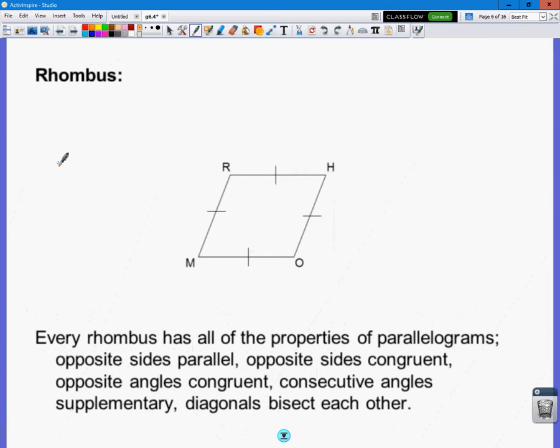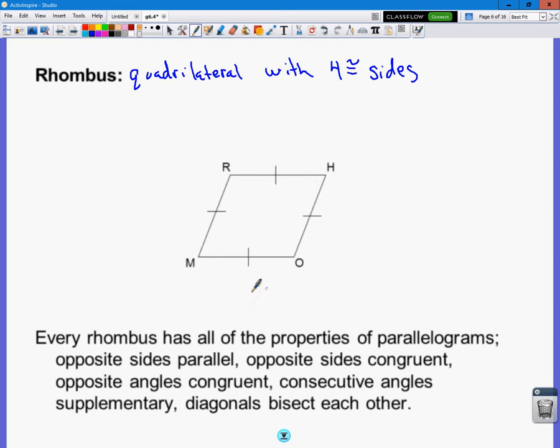Next is the rhombus. Again, a special type of quadrilateral, so when we're defining it, it is a quadrilateral with four congruent sides. You can see that RH, HO, OM, MR, all four sides are marked as being congruent.